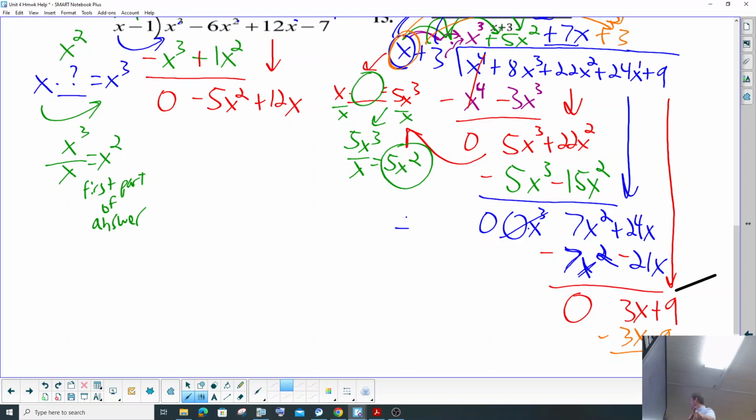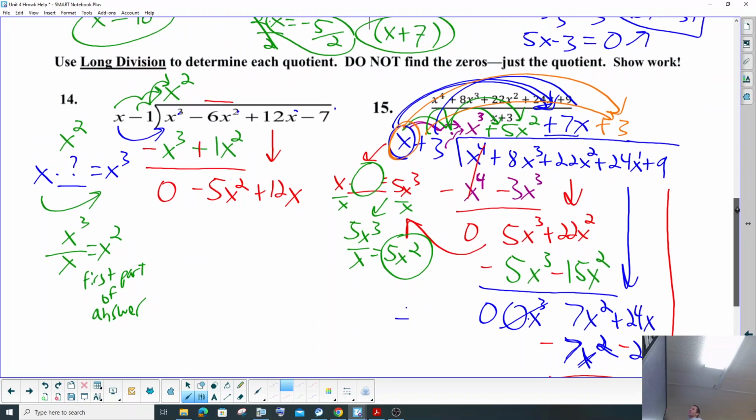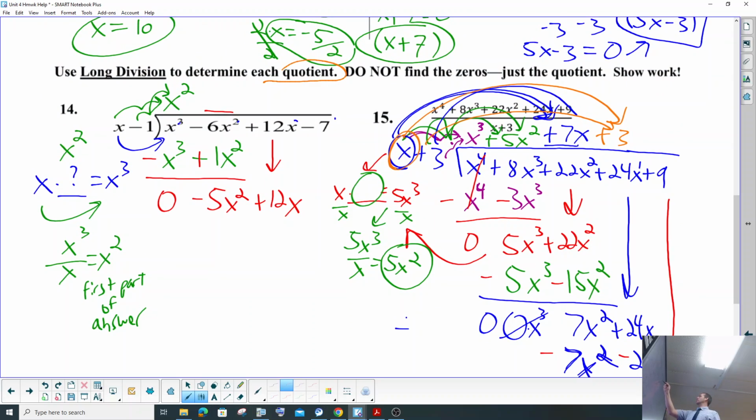And we might have to factor it more. Let me see. So use long division to determine each quotient. Do not find the zeros, just the quotient. Okay, so for number 15, we're just looking for the answer. It's the next page that we're going to take it one step further and factor it more.